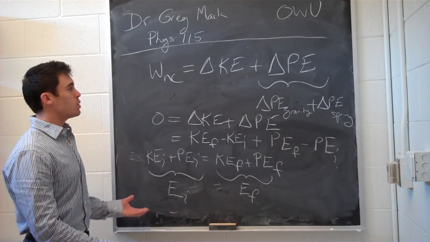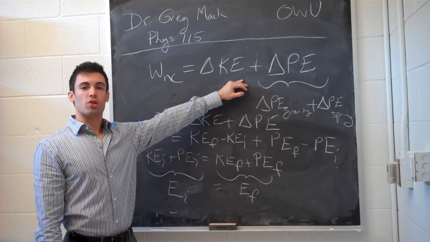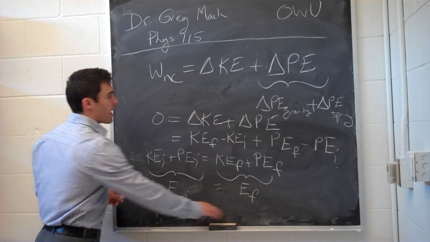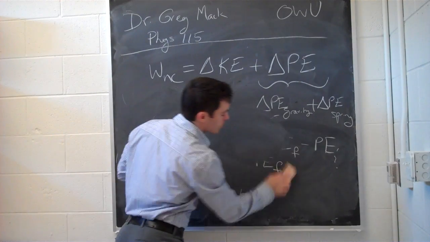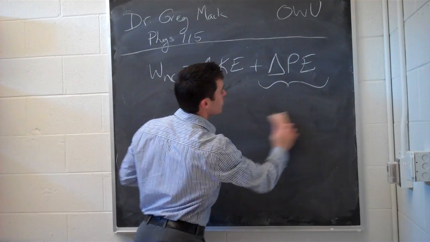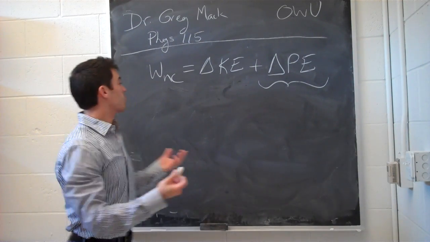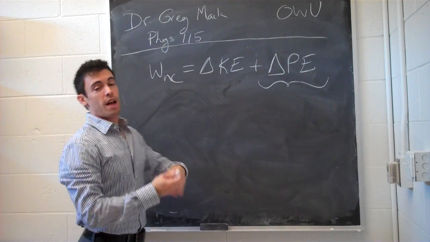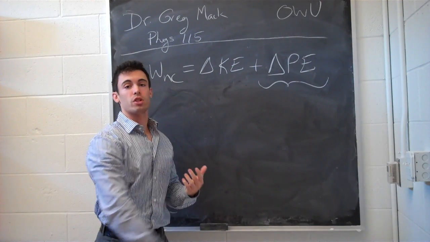Now, even if we do have a non-conservative force, that still shows up in the energy equation. And that means the energy has left the system. Or it has entered the system, depending on if something has given it energy. If some non-conservative force has given it energy.